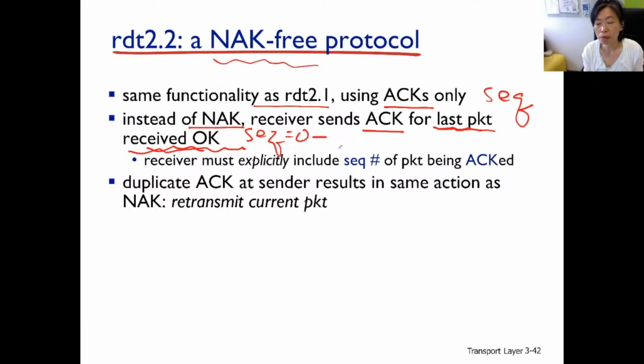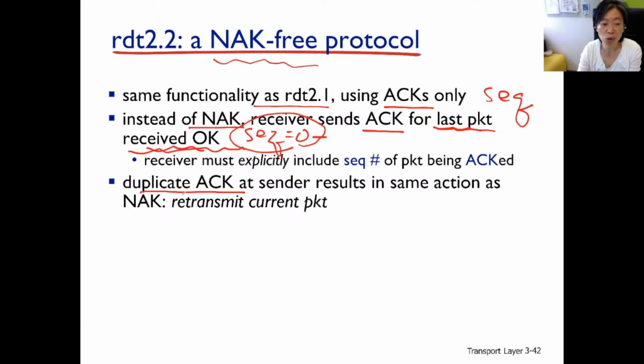At the sender side, the sender will receive the first ACK with sequence number 0, indicating packet 0 was received okay. But then the sender receives another sequence number 0 ACK. Hey, how come I get an acknowledgement for sequence number 0 twice? Having a duplicate acknowledgement at a particular sequence number indicates that the next data packet the sender just sent out was corrupted. It's a negative acknowledgement in a way.